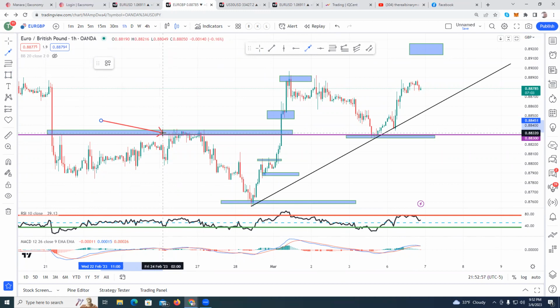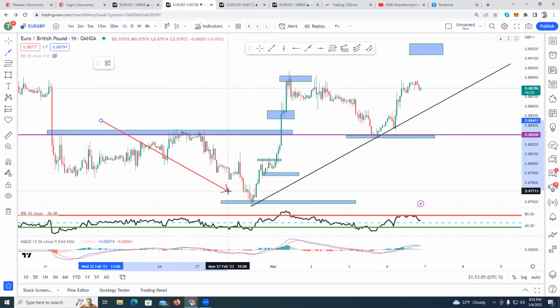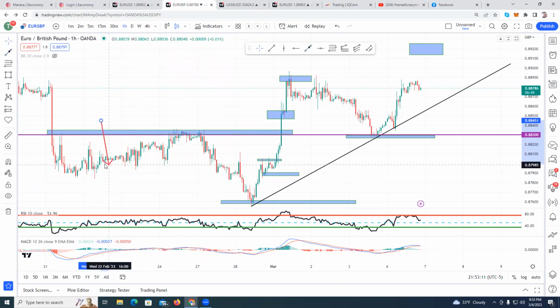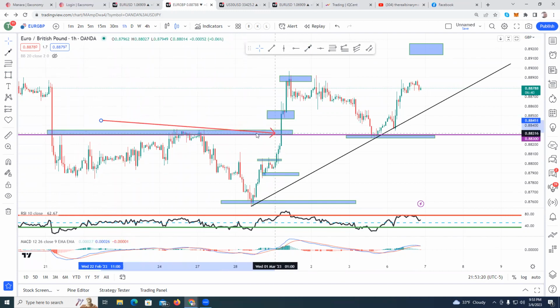Price came up into this area and got rejected, rejected, rejected. And then we started getting that massive drop. So understanding that this area is potentially an area of interest that we're going to want to pay attention to when price action comes back in the future.